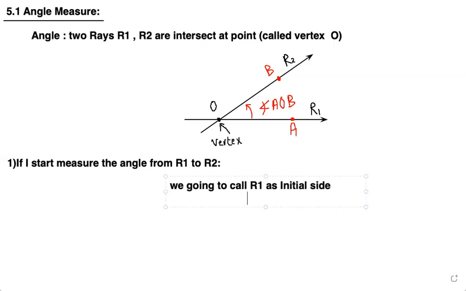This is very important because we're going to use it a lot during this section. R1 is called the initial side because we start measuring the angle from R1, and R2 is called the terminal side. This is my terminal side. This is my initial side.